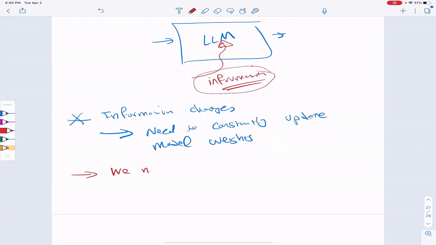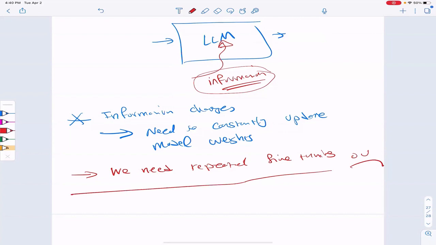We need repeated fine-tuning. And this is not good for many reasons. First of all, since we really don't know how the information is being stored in the model weights, when you're fine-tuning, let's say if you're using LoRA, are you really targeting the parts of the model that are responsible for that information?